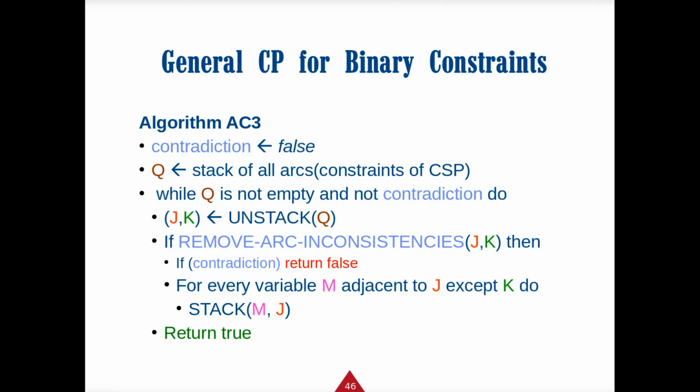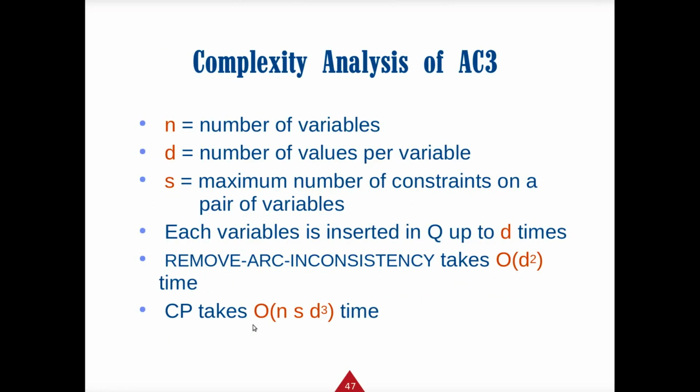You pop Q into J, K, so those are the two different variables of the constraint, and then remove any arc inconsistencies with that. And if there's a contradiction, return false. And then for every variable M, K, except J, you would add to the queue.